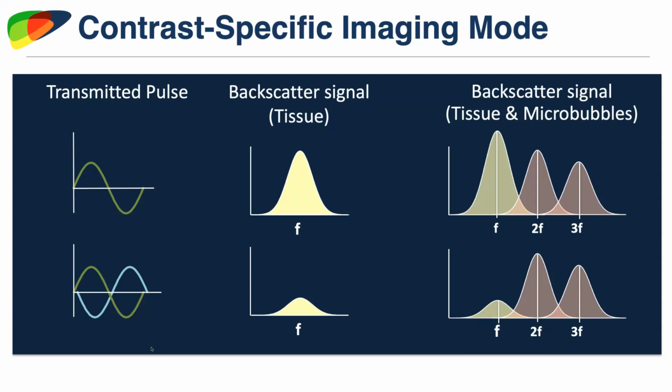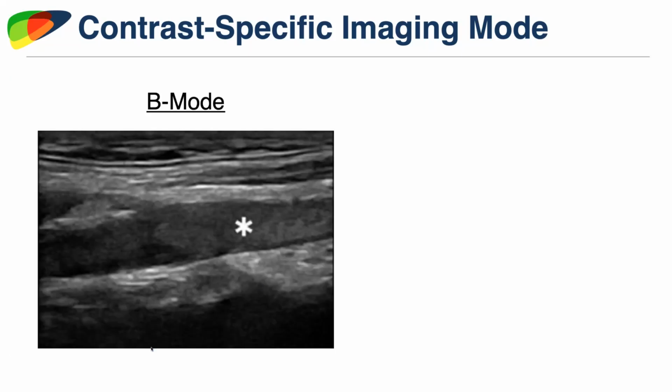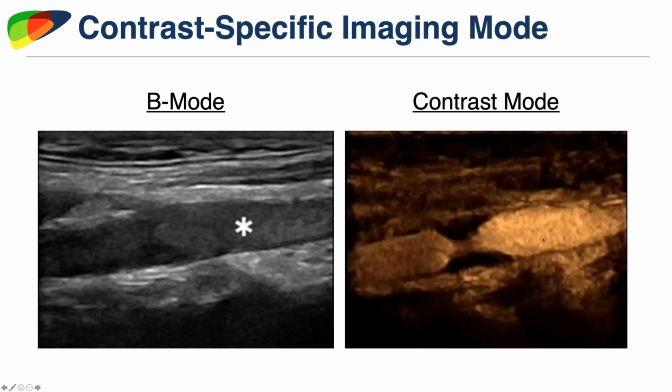So you get basically a real-time tissue subtraction mode. In a B mode image of this carotid artery, you may just see some low-level echoes, but in the contrast mode, you see marked amplification of the signal from the bubbles in the vascular space relative to the background tissues, and in this case, you can see the non-calcified plaque outlined where you wouldn't have seen it before.